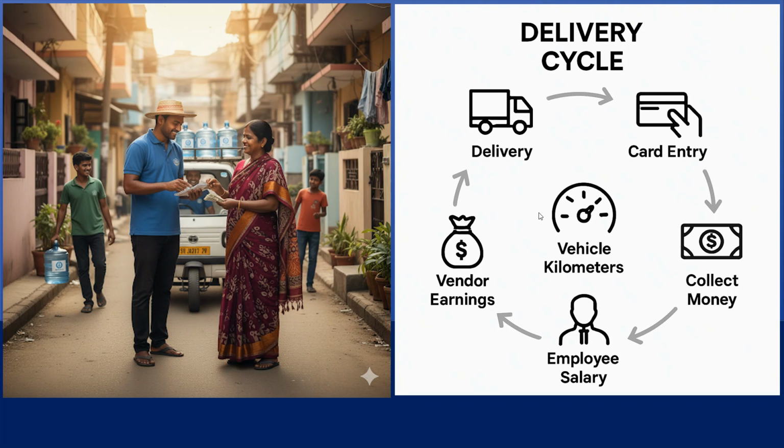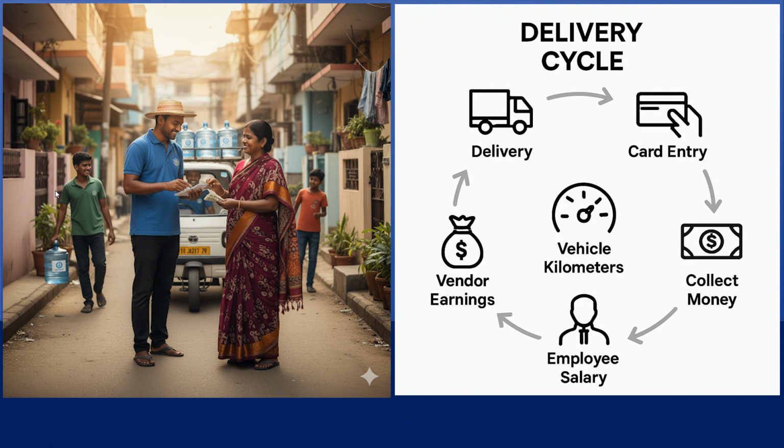For example, the helpers who deliver water bottles can have a per day wage, while the driver might be a salaried person. Based on that, the vendor pays them the salary or daily wage. And for daily wages, the vendor can decide to pay on a daily basis or on a monthly basis.